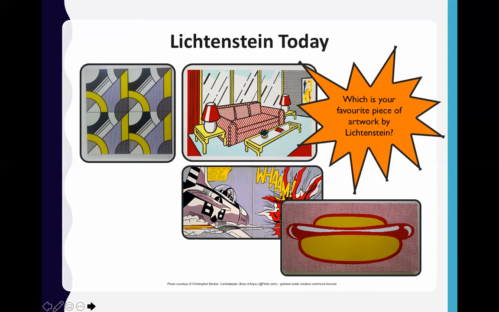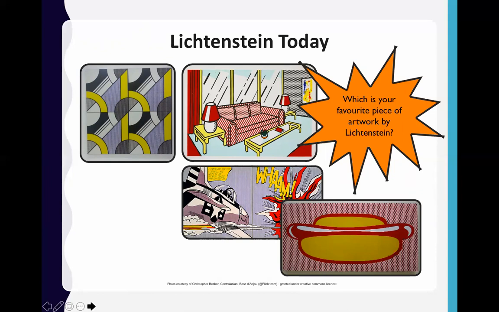Which is your favourite? Now, if you have a piece of paper and a pencil, could you please get it and write me which picture is your favourite and tell me why. Now, this is where you can upload it onto Seesaw and let me know.